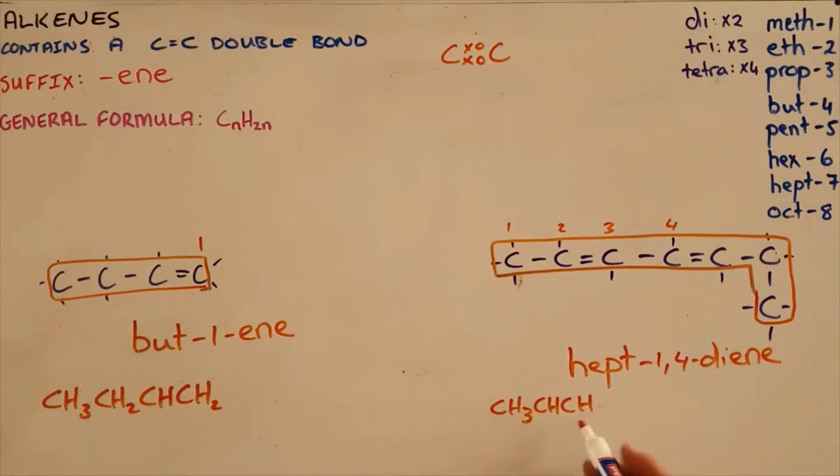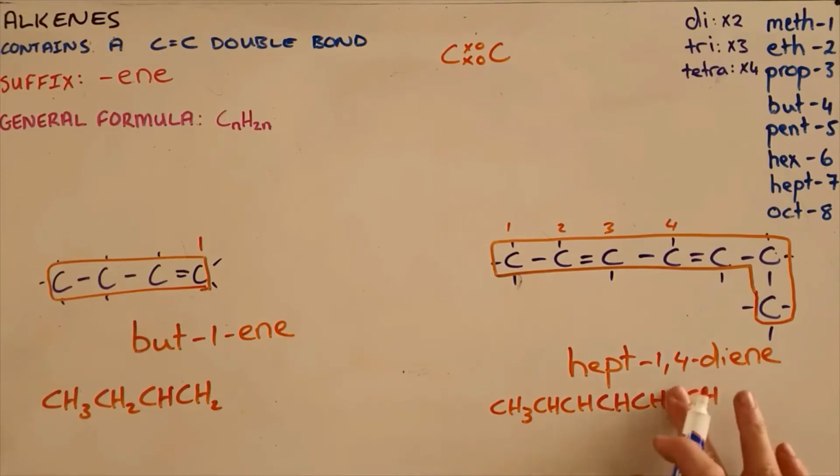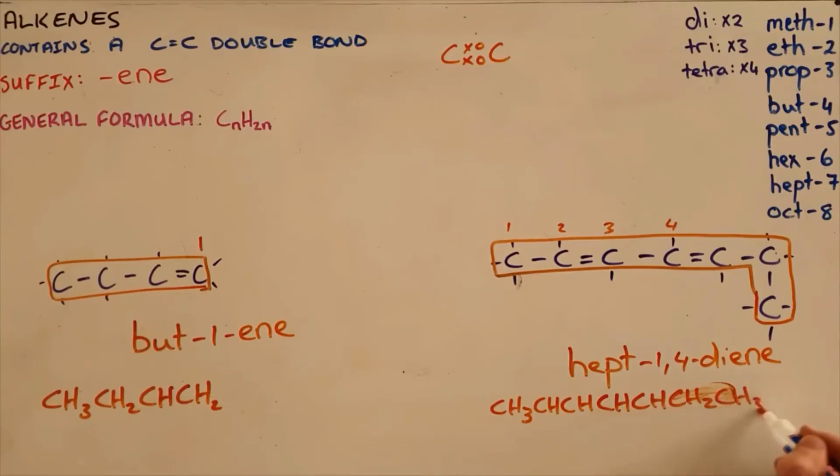We can see that each of those carbons is one bond short, followed by once again a CH, CH, and then CH2, and then CH3. We say that alkenes are unsaturated compounds because they contain a double bond.